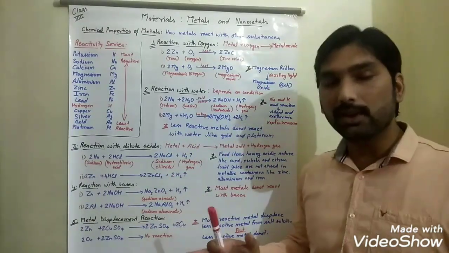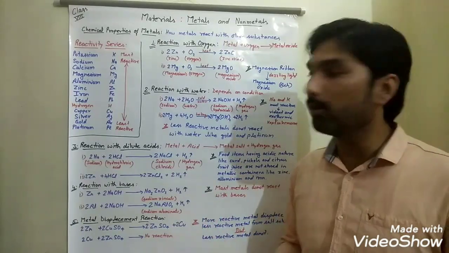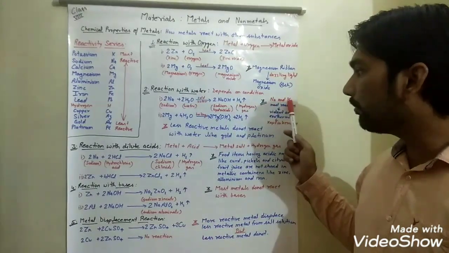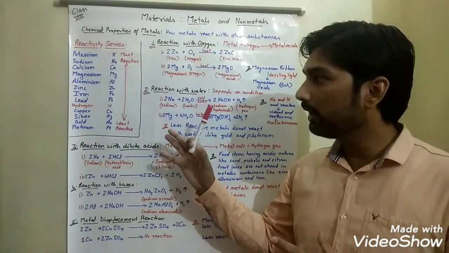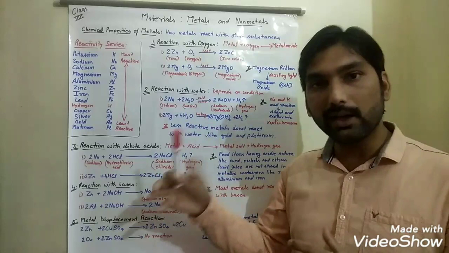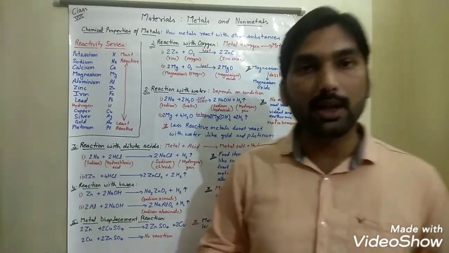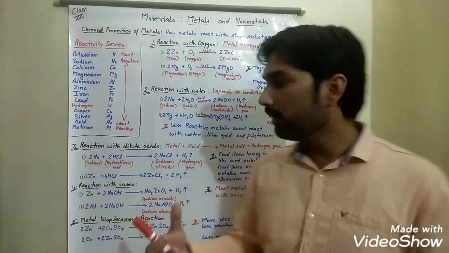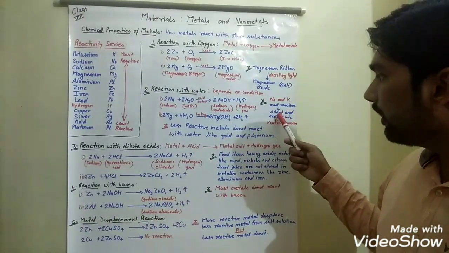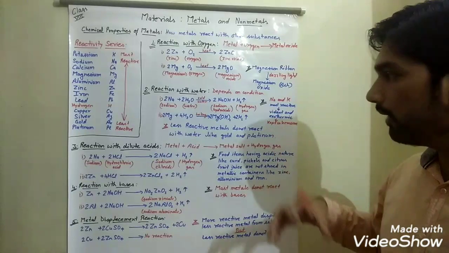But one thing that you must remember is what? Sodium and potassium are the most reactive metals, and if they get any chance to come in contact with oxygen and moisture, they are going to react violently. It is a very violent reaction.